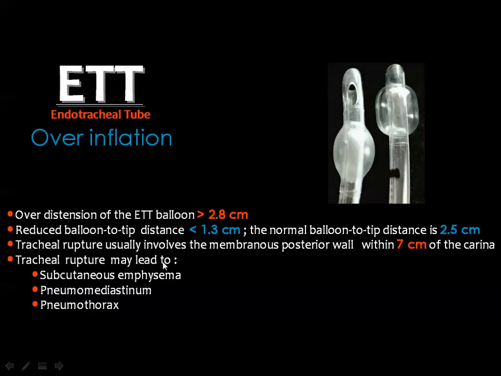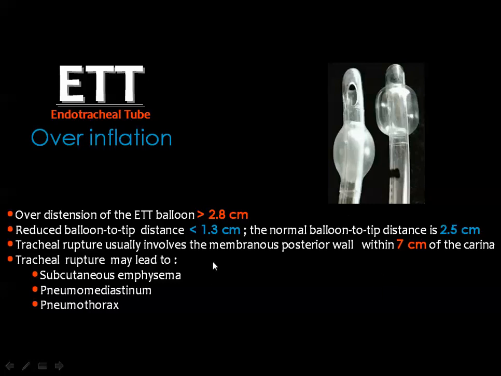Also, if the balloon to tip distance is less than 1.3 centimeters, then there is a problem. The normal balloon to tip distance is about 2.5 centimeters. This is one of the undesired tubes, but this is a good tube.